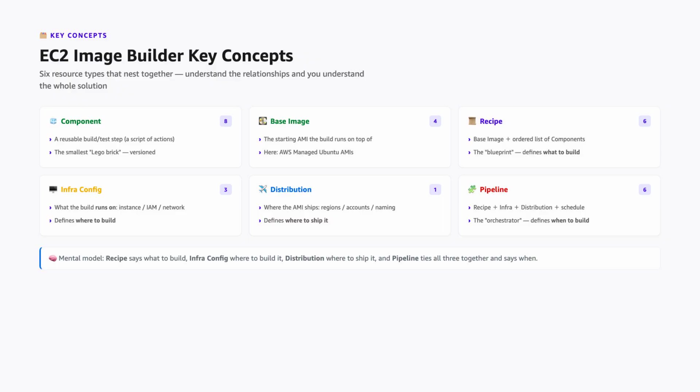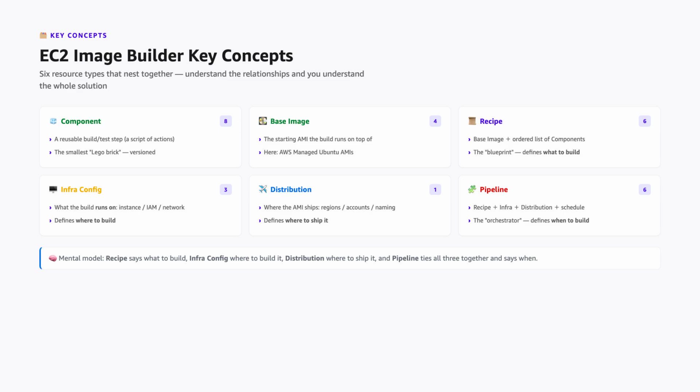Second, the base image, the operating system and starting AMI your build runs on top of. Here, those are AWS-managed Ubuntu images. Third, the recipe. A recipe is a document that combines a base image with an ordered list of components to produce the desired configuration. It's the blueprint. It defines what to build. Fourth, infrastructure configuration. The EC2 instance Image Builder launches in your account to build and test, including instance type, IAM role, and network.